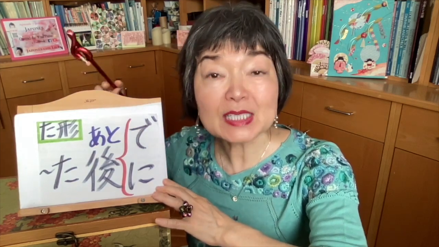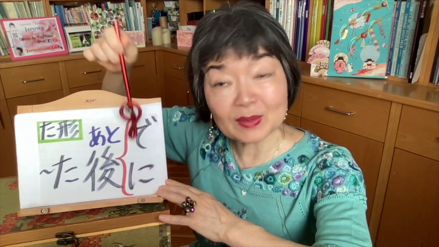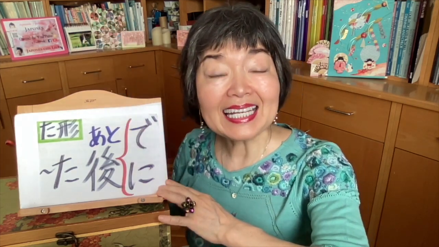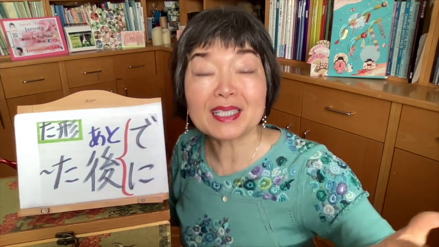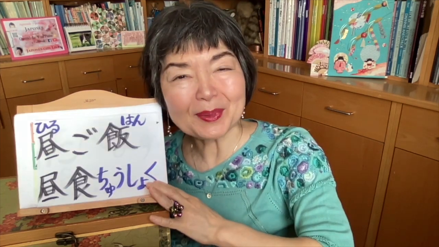But actually, there's one other thing, た後に. The difference is between で and に, and there's a slight difference of meaning. Now I'm going to explain, but you can think of them as almost the same. Let's see the example.